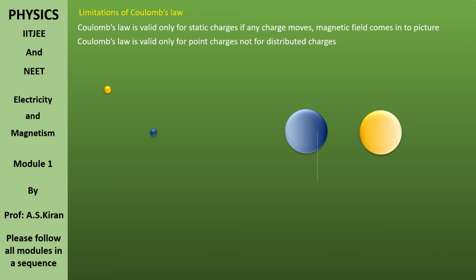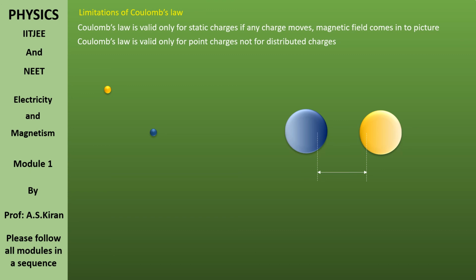Now, there is a center of charge observed. Like in our gravitation chapter, we always take the center of mass. Like that, here also there will be a new term called center of charge. For the second distributed charge, there is a center of charge.